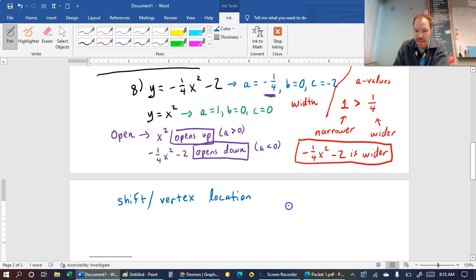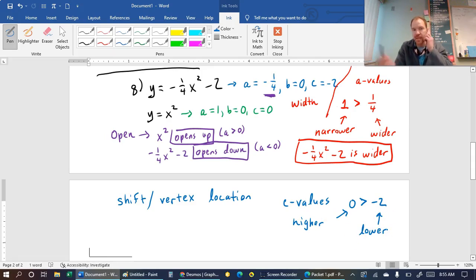So we're looking at the c values. And so we've got 0 versus -2. So 0 is greater than -2. That means this is going to be the higher vertex, and this is going to be the lower vertex when we're looking at those values of c.